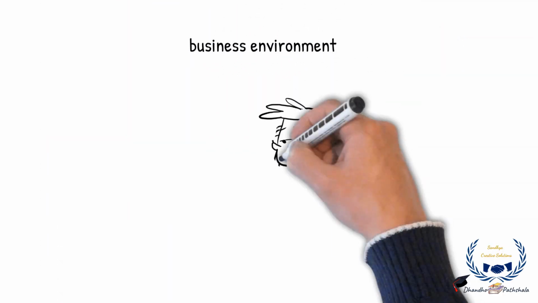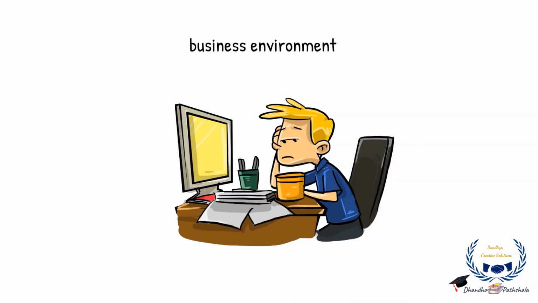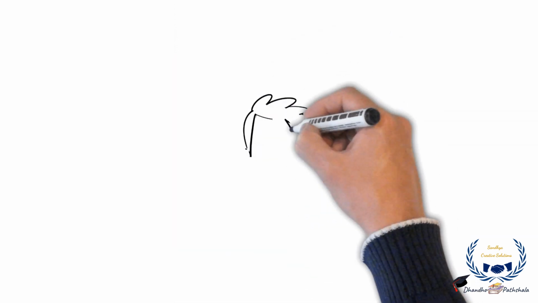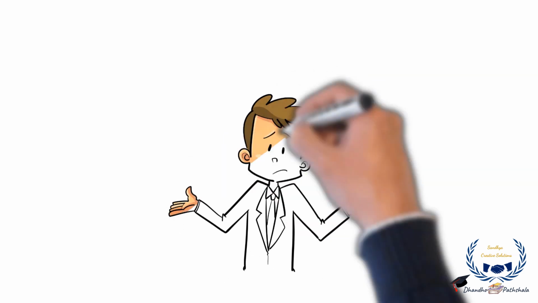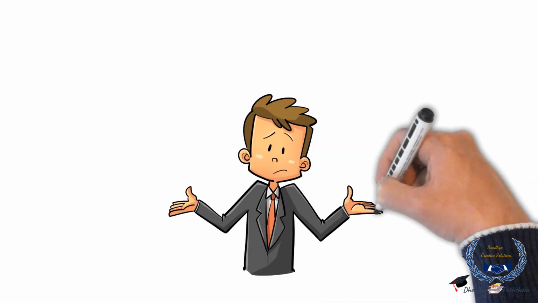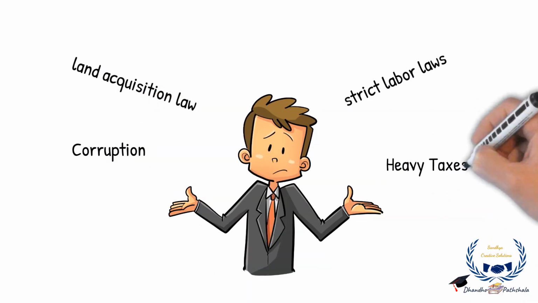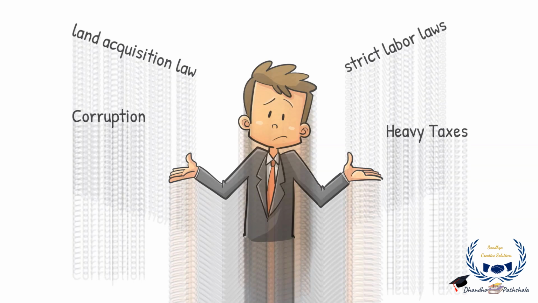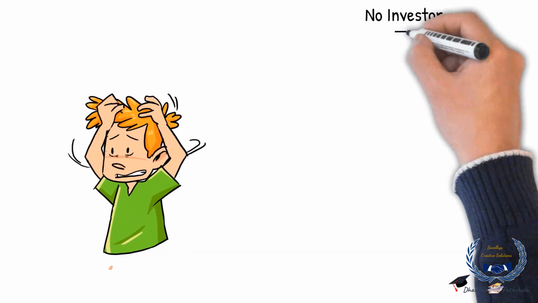Thirdly, business environment. Let's assume a country has a big market, but it doesn't have a business-friendly environment. In India, strict land acquisition law, strict labor laws, and other difficult policies create unnecessary barriers for business. Without a business-friendly environment, industrialists struggle to create profitable businesses. It will also discourage investors to invest.